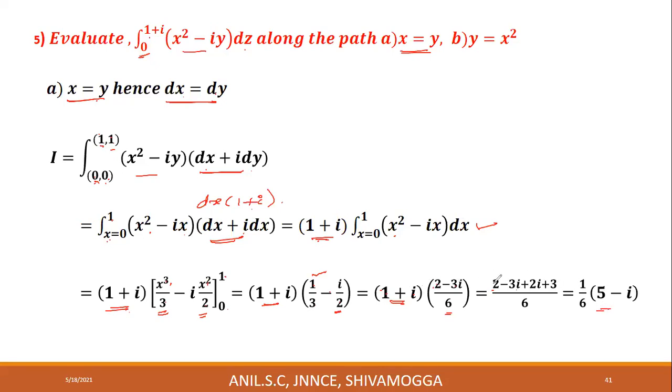Therefore, this is equal to 2 plus 3, real part, 5 divided by 6. Minus 3i plus 2i, minus i divided by 6. This is the first case: 1 by 6 into 5 minus i.